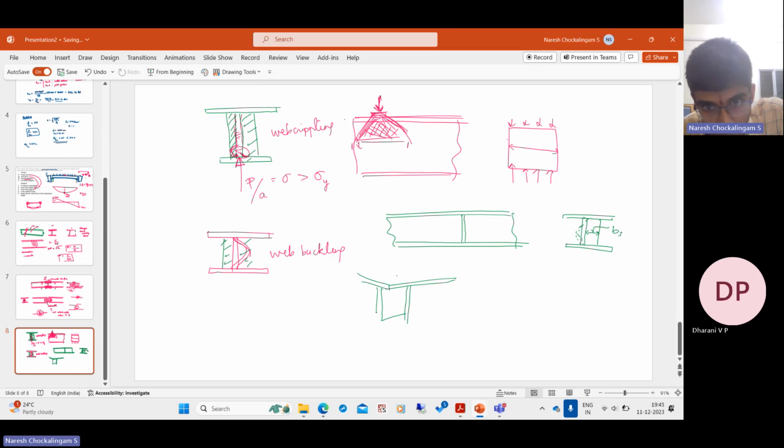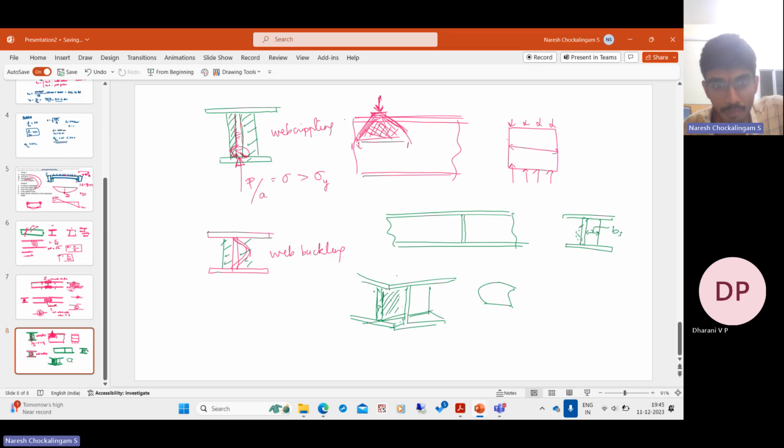Now, if the web has to buckle, it has to bend this stiffener. This is the stiffener. If this web has to buckle, it has to bend the stiffener about its major axis, and that is not going to happen. It basically stiffens the web, so it cannot buckle easily.